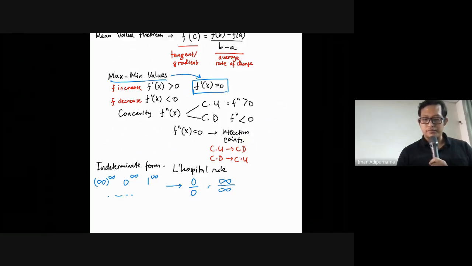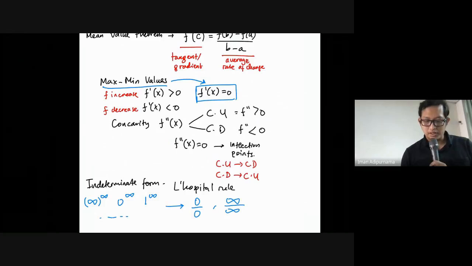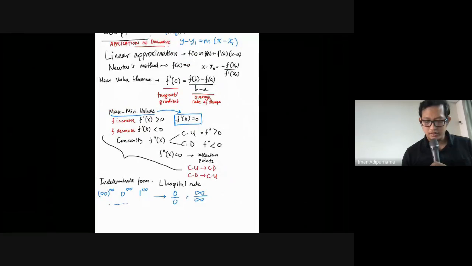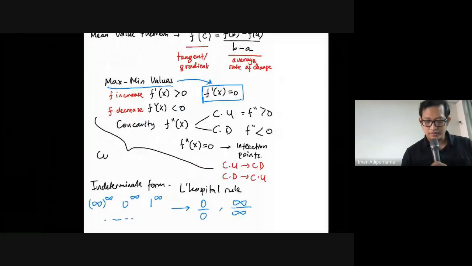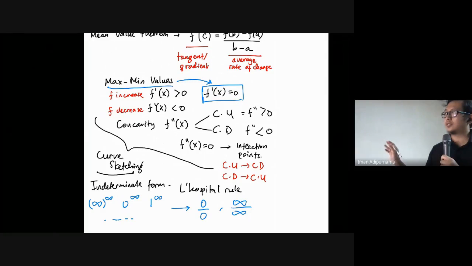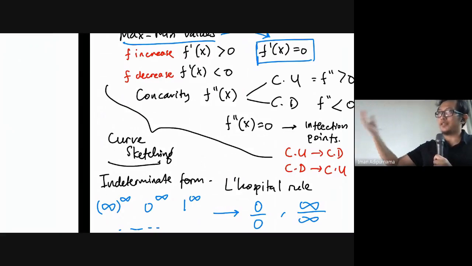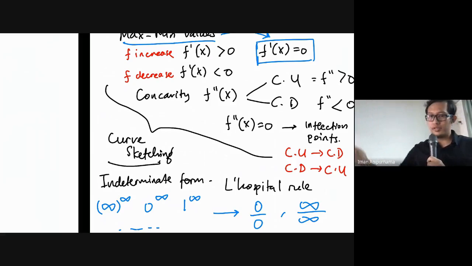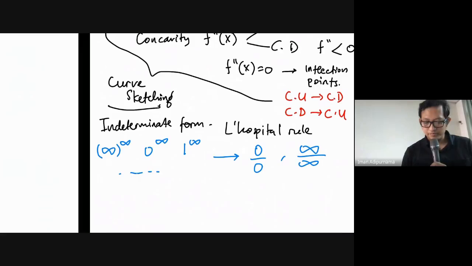Then you can use L'Hopital's rule. The next one is, basically the whole thing here is used for curve sketching. Curve sketching is a combination of the basic definitions from the functions, domain, range, asymptote from the limit, and using f prime and f double prime, you get the curve sketching.